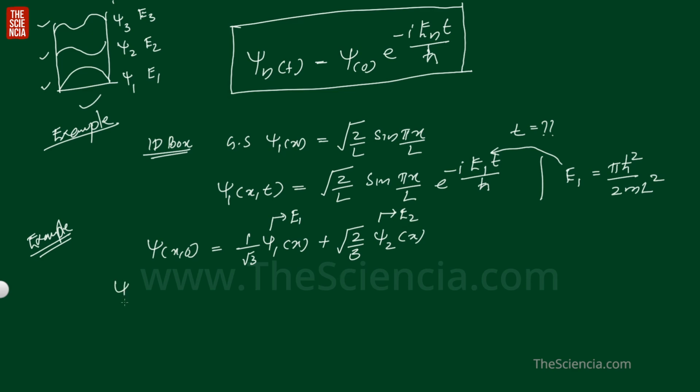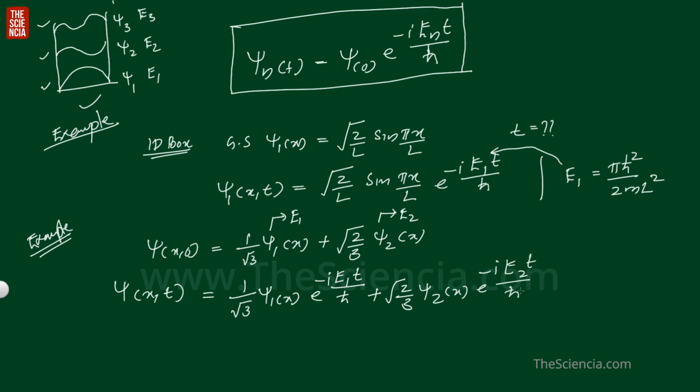Now my question is to find out the time evolution of this wave function, that is we have to find out the equation for this wave function at time t, that is equal to 1 by root 3 ψ1 of x into, we have to multiply with the exponential term, that is e raised to minus i E1 t by h cross, plus root 2 by 3 ψ2 of x into e raised to minus i, what is the energy associated with ψ2, that is E2 t by h cross.